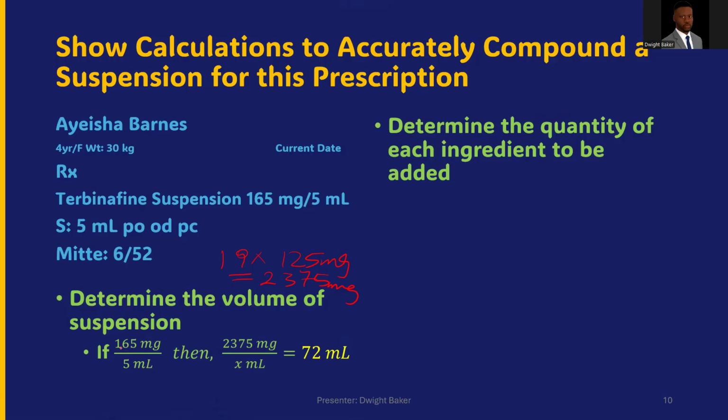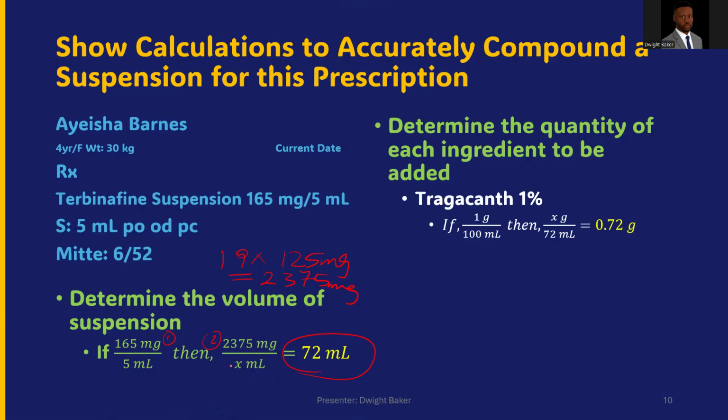So I know I want a concentration of 165 milligram per 5 mil, and that is the first part of the proportion. If I'm using 2,375 milligrams of medication, this is now going to form the second part of the proportion. What volume am I going to be putting this into? And you work that out, you will get 72 mils.